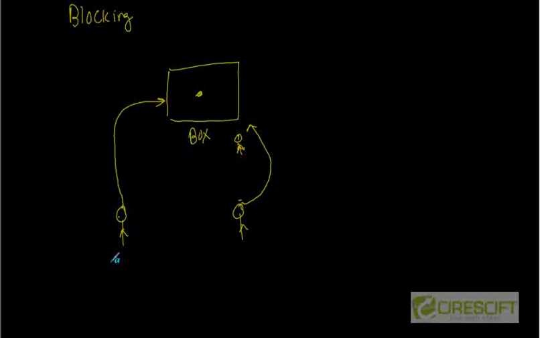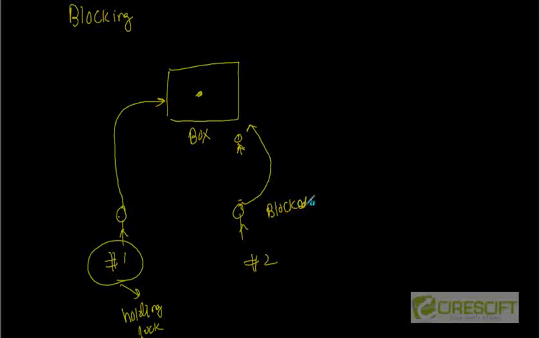So if this is number one and number two, we say that number one is currently holding the lock and person number two is blocked. Imagine another person also waiting to access this box.